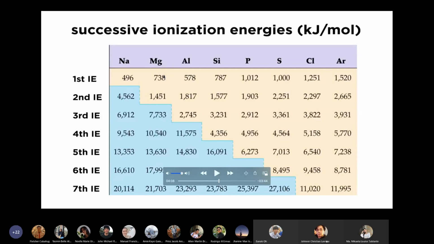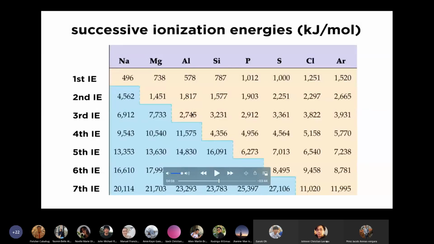If you look at your periodic table, it belongs to group 2A. So the energy required to remove the first electron is 738. The energy required to remove the second electron is 1,451. Now aluminum has three valence electrons, and you can see here the ionization energies for each of those valence electrons.